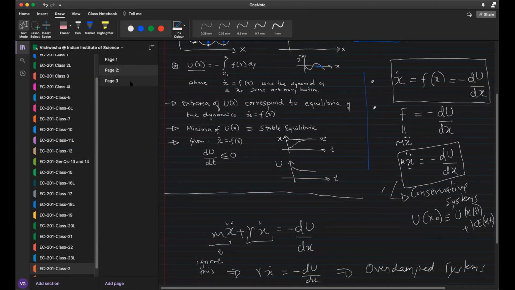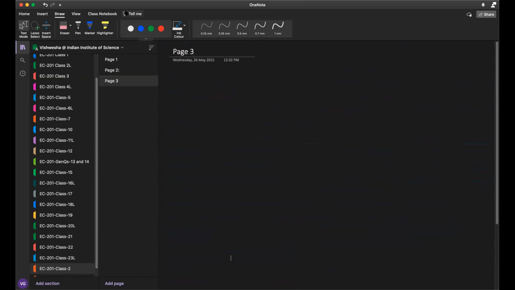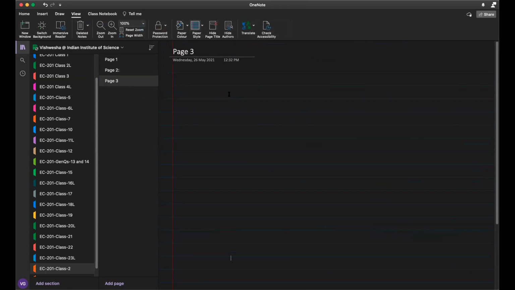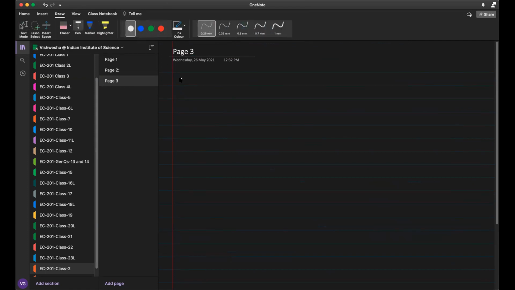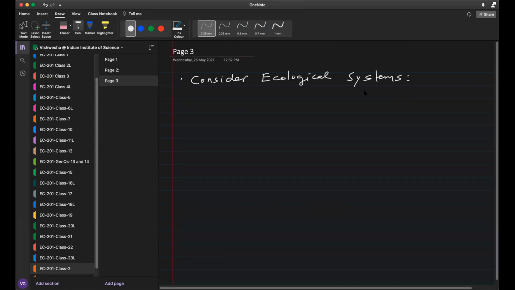Okay, so now let's go back and ask some ecological question. If you have these systems, more broadly biological systems, and of course there are many systems, cellular systems, genetic systems, many of which show this kind of bistability, or multistability.